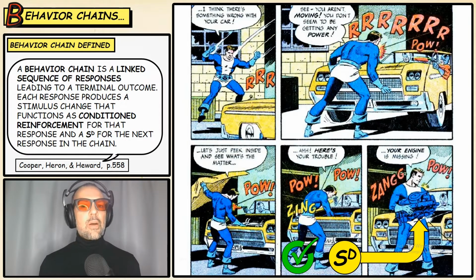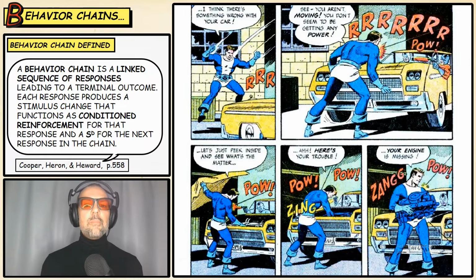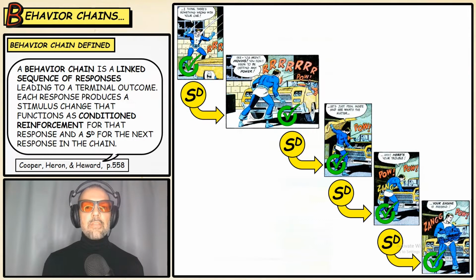And this is where a lot of the power of the chain comes from, because that discriminative stimulus becomes a conditioned reinforcer after being associated with the primary reinforcer over many trials. Then finally, you perform that final behavior, and you have successfully completed the behavior chain. You have successfully stopped that car from escaping. So that is the entire behavior chain in sequence.